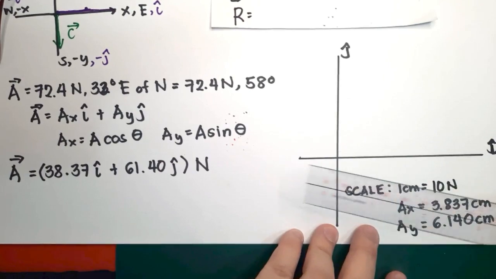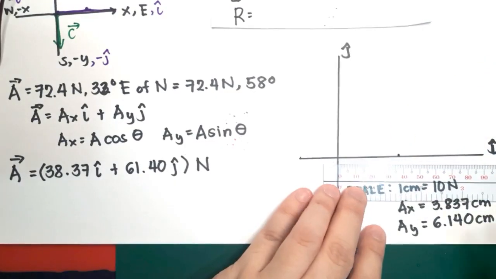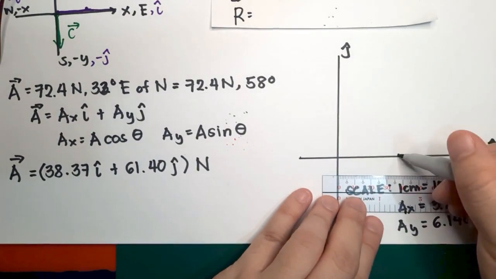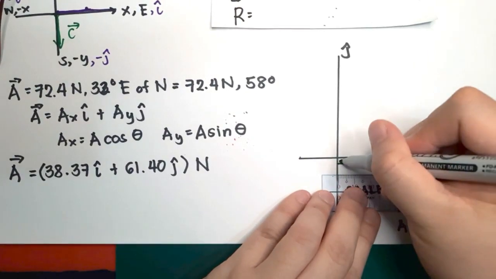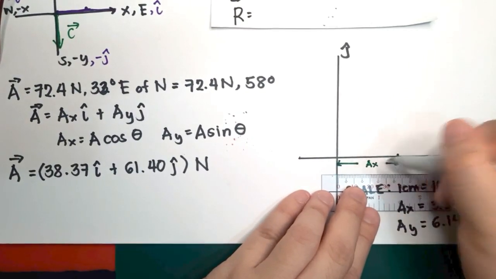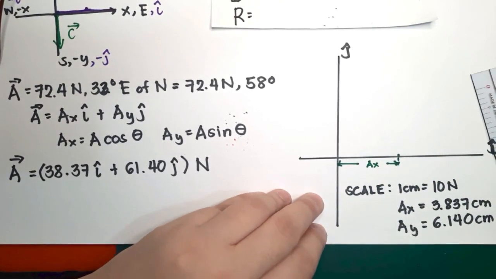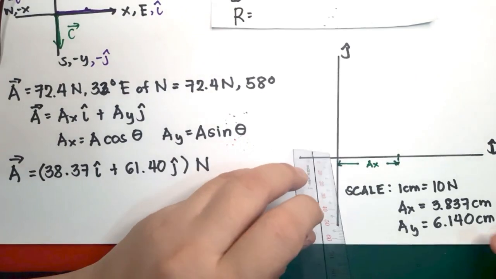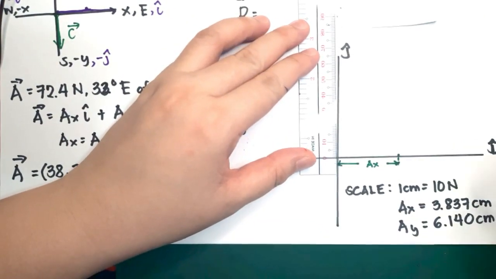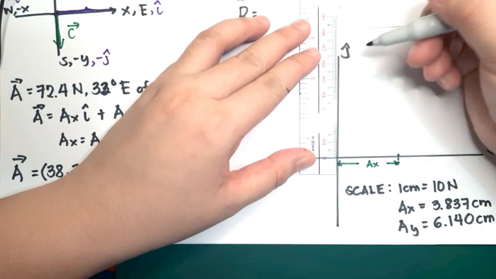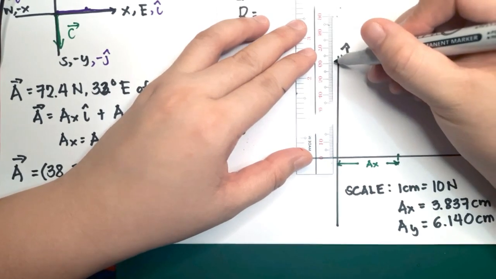So we now draw our AX first. That is 3.8, the length of our AX. From here, going here, that is your AX. Now for AY, that is 6.14. So 6.1, here.